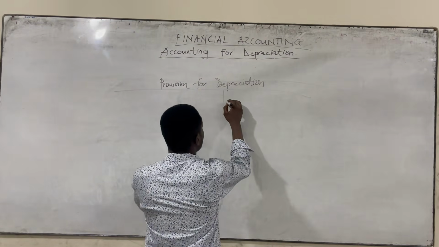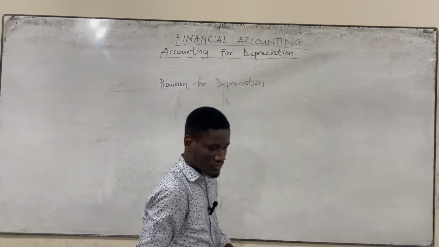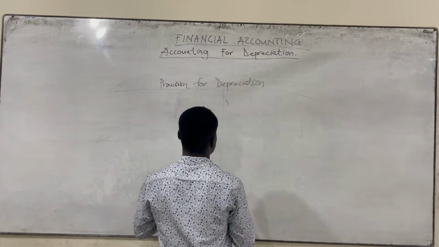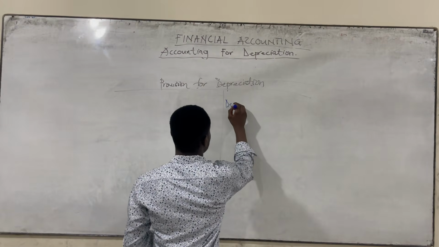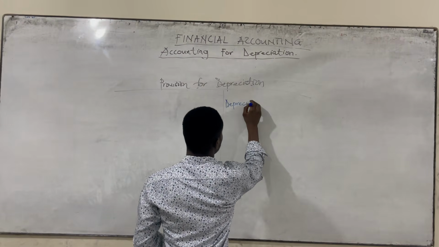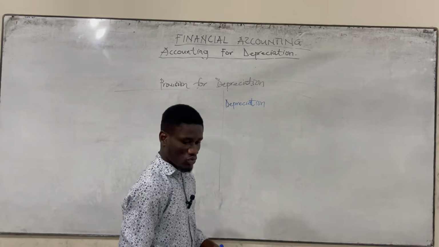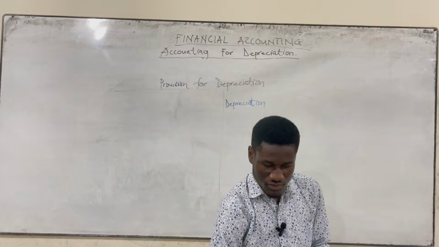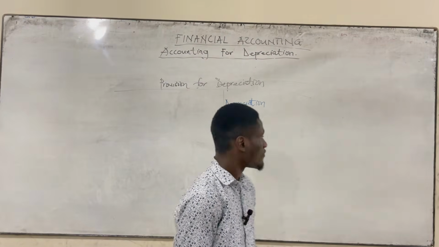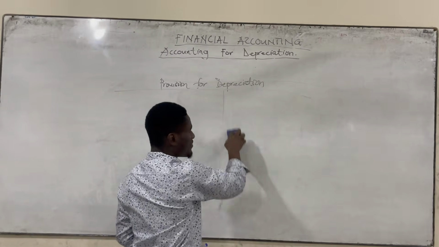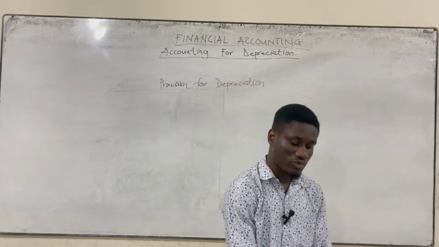So here we are going to record depreciation. Sorry, we already have a balance BD. So we will first work for our balance BD for provision.